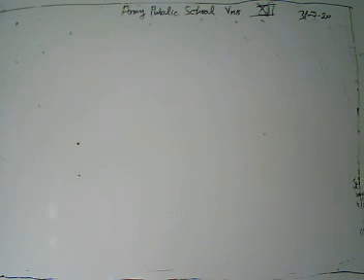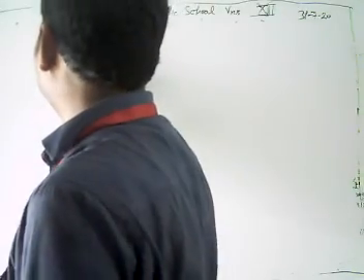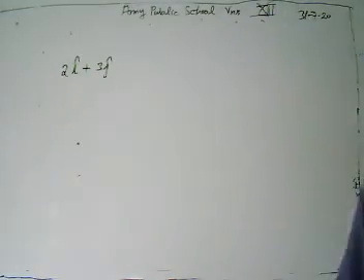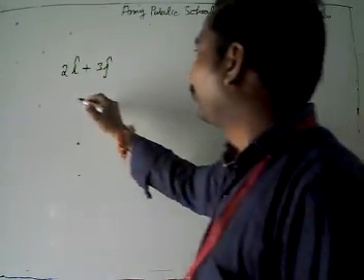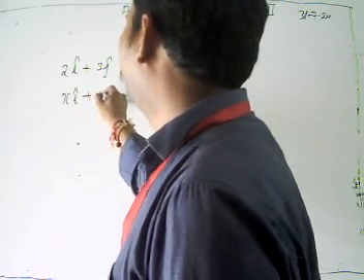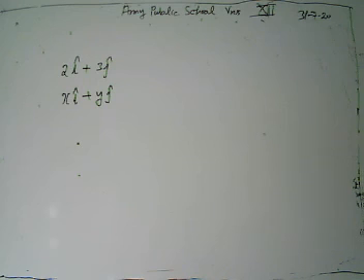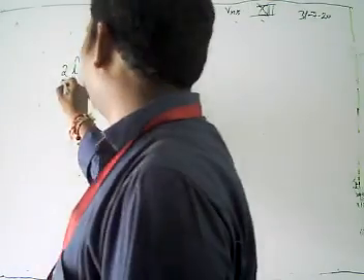Again taking a basic question there. Find the values of x and y so that the vectors 2 i cap plus 3 j cap and x i cap plus y j cap are equal. It's given that we have two vectors, 2 i cap plus 3 j cap, and the other vector x i cap plus y j cap. Look, these are the two vectors given there.